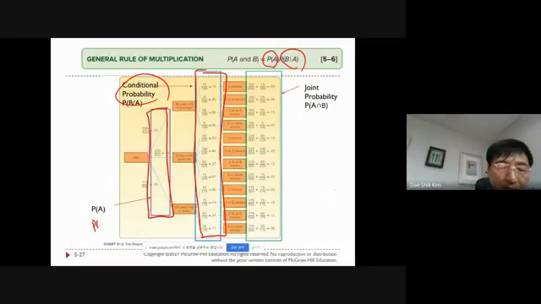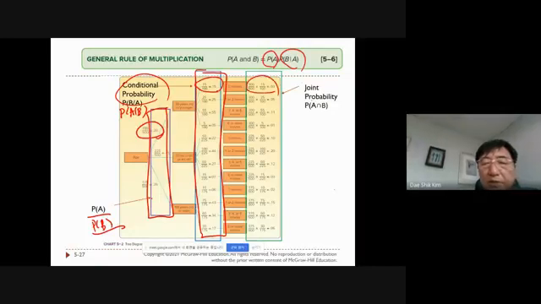Sometimes you use P(A) or P(B). Okay, in this case, B is the age group. Then P(B given A) or sometimes P(A given B). It depends on the case. And then multiplying this will give this. This is joint probability. This times this will be here.